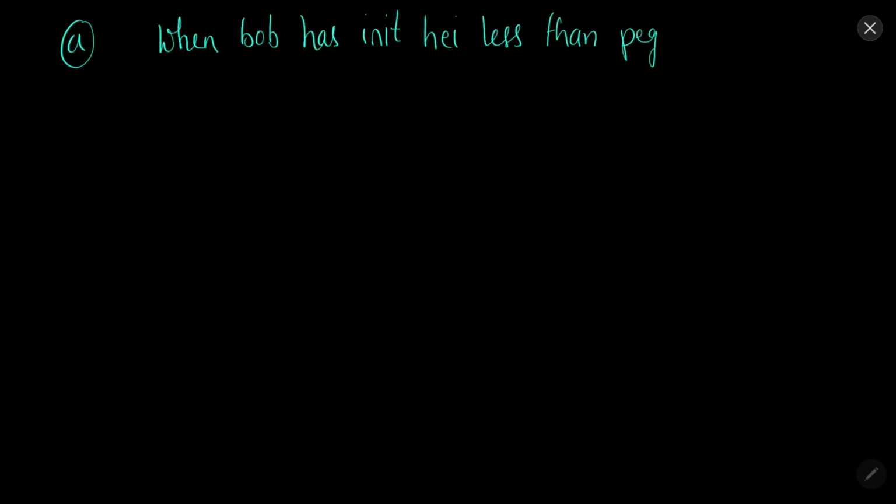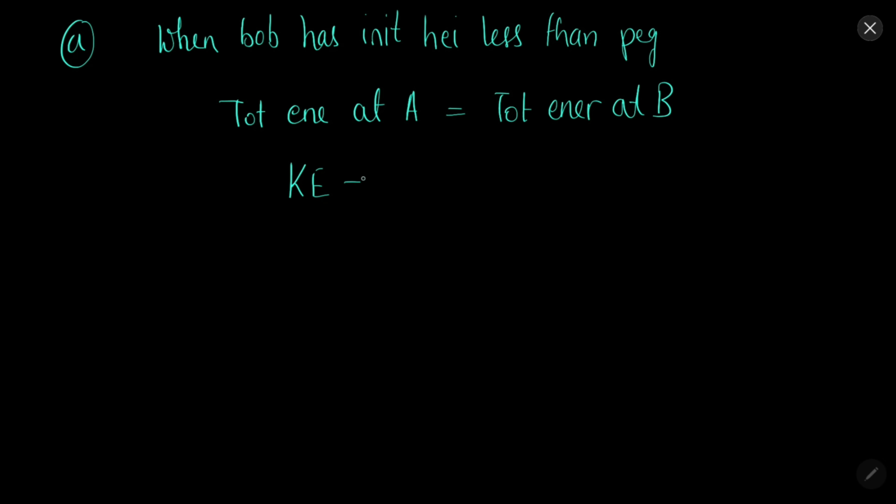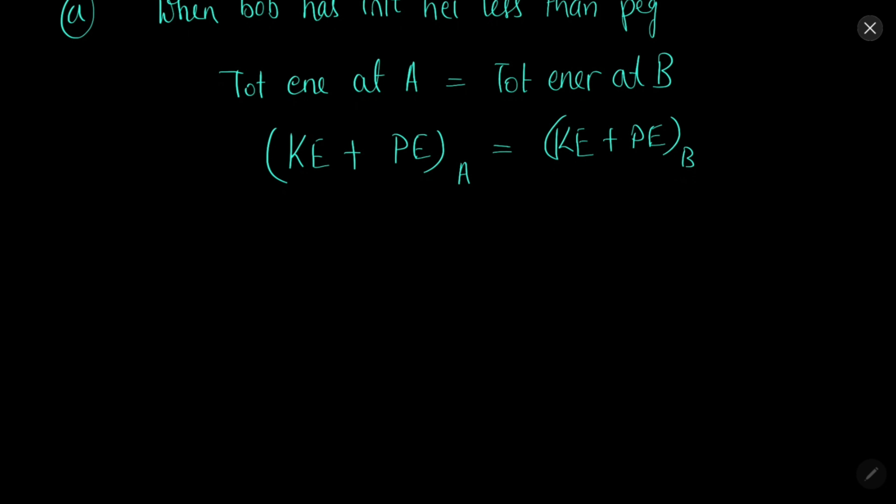so ultimately when the bob has initial height less than the peg and is released from rest, total energy at A equals total energy at B. Now as the kinetic energies are equal, this means the individual potential energies will become equal.